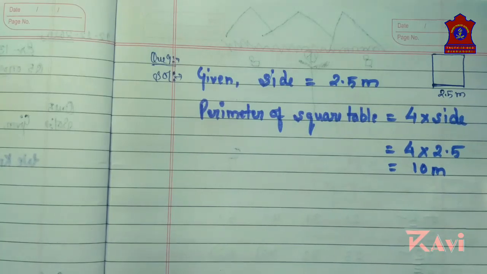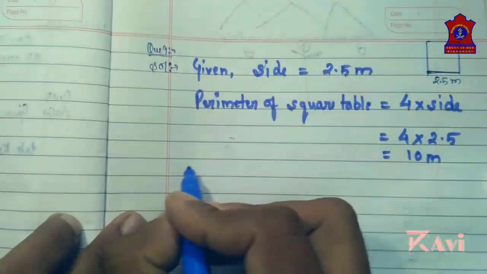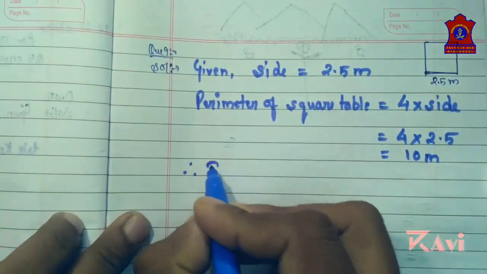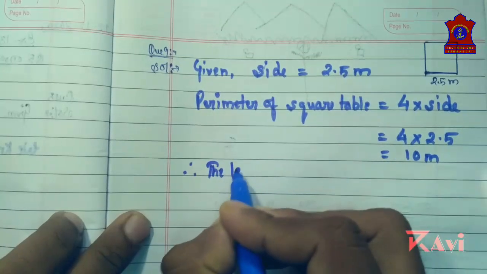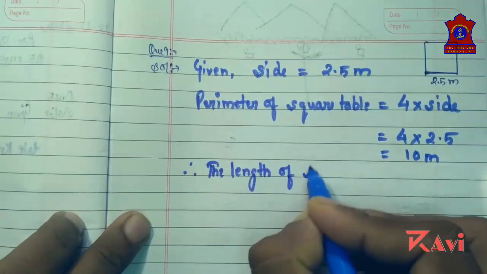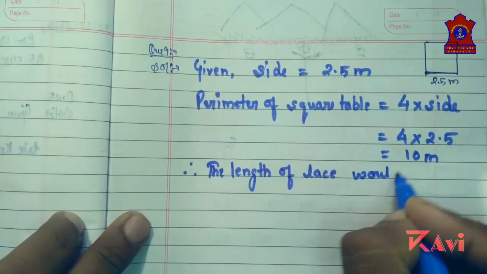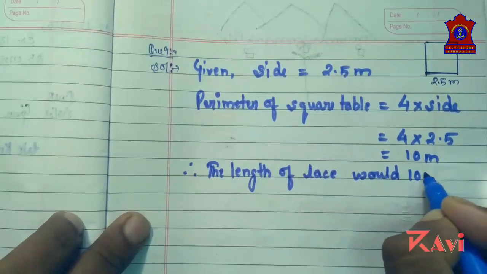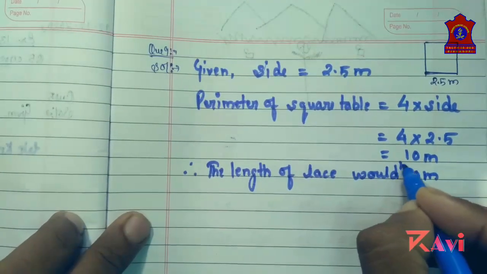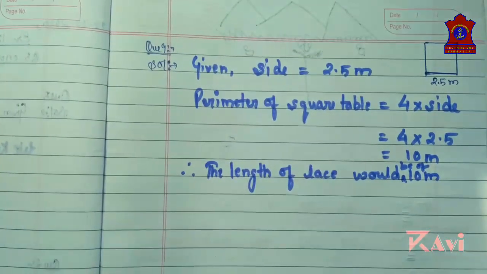Okay, now therefore the length of lace would be 10 meter.